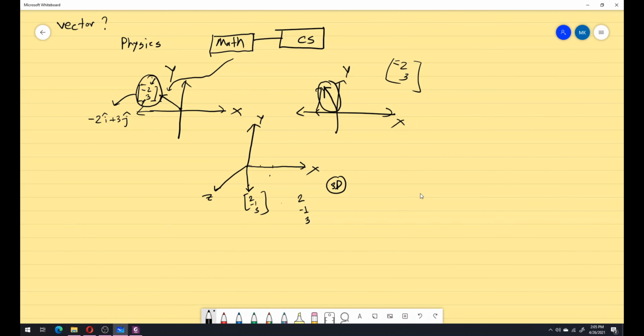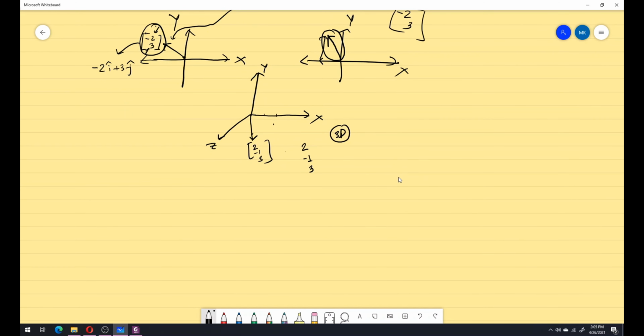Most of the operations in linear algebra are centered around two operations.